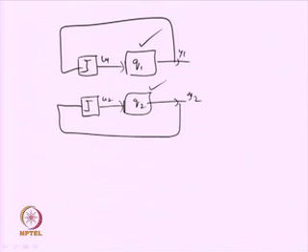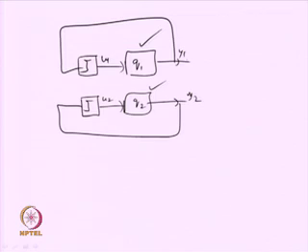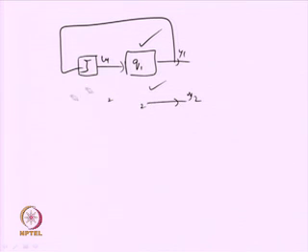Basically, how can we develop a model such that instead of having loop interactions, or instead of representing the TITO by a transfer matrix, we can have two single input, single output dynamics for the whole TITO system, and that is the beauty of the technique. Once we develop the technique for the upper case, it will be extended for the lower case as well with great ease.